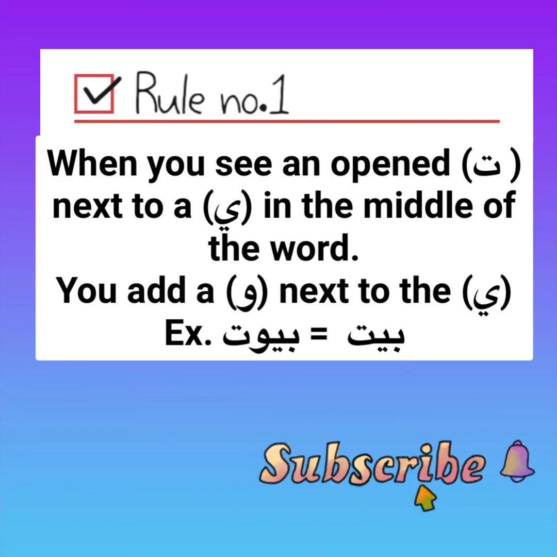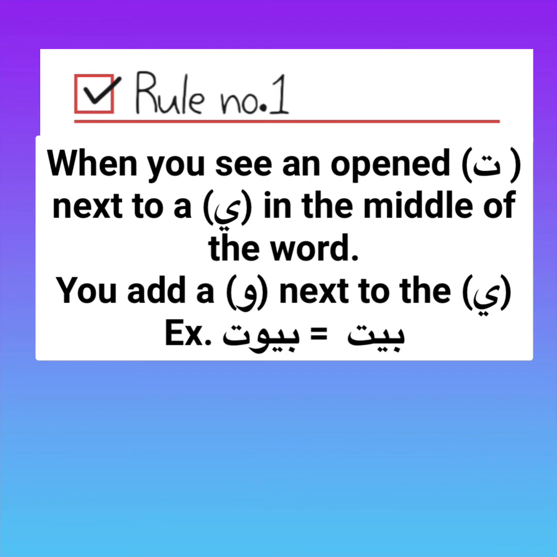So rule number 1, when you see an open ta next to the ya in the middle of the word, you add a waw next to the ya, like بيت, بيوت. Please make a note of that. Now again, house or home could also mean منزل, not just بيت. So how can I change this one to plural?